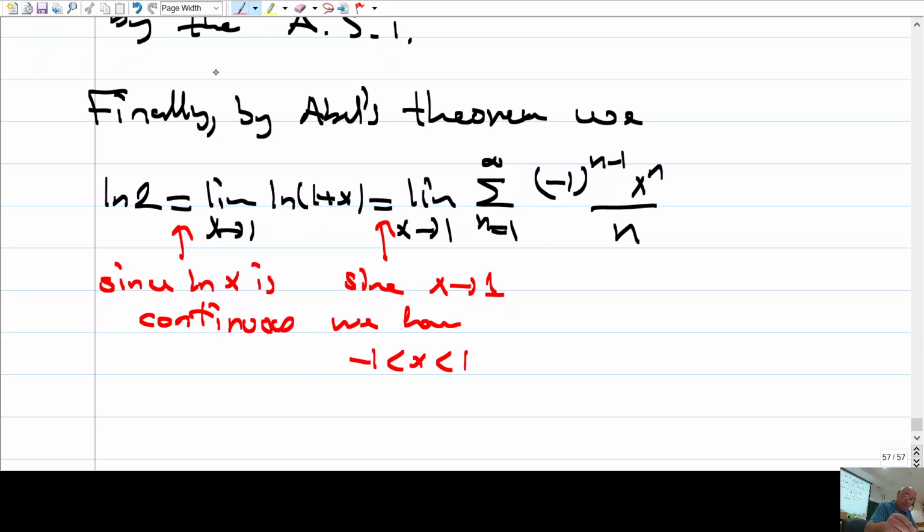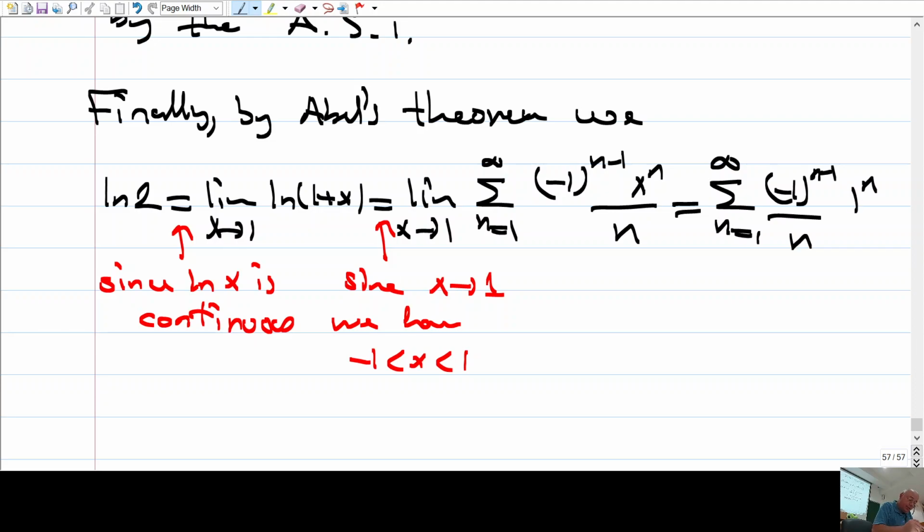Where does Abel's theorem come into play? Abel's theorem is right here, isn't it? What was Abel's theorem? If your series is convergent at an endpoint, then the limit of this is just, you let x equals 1 here.